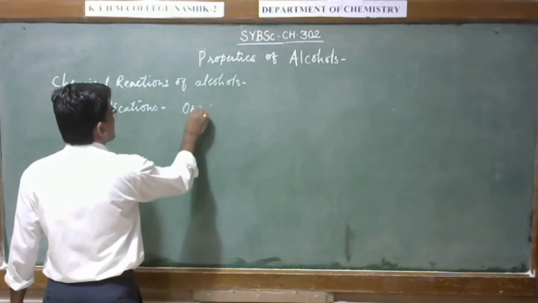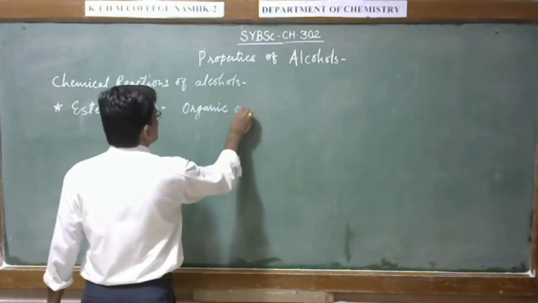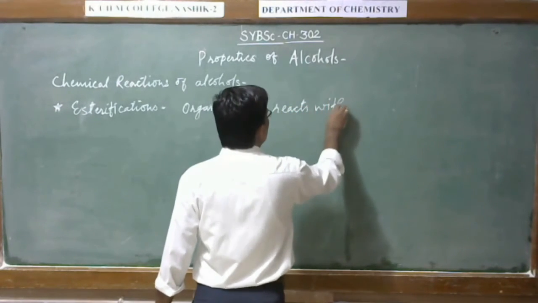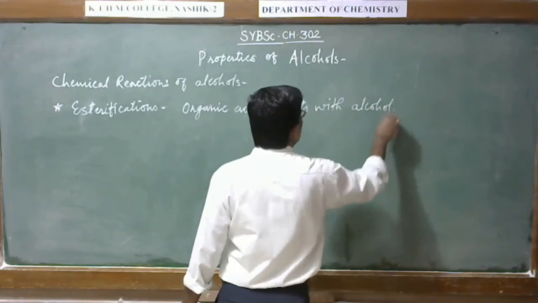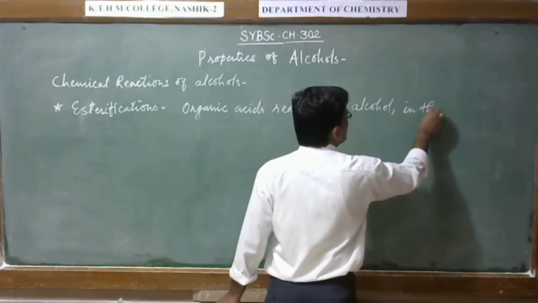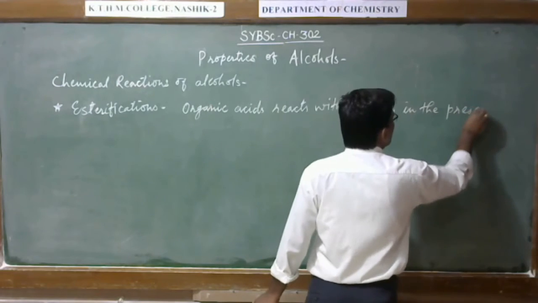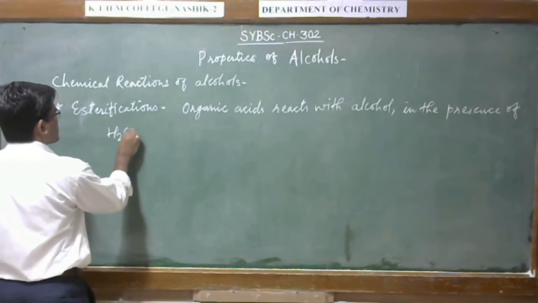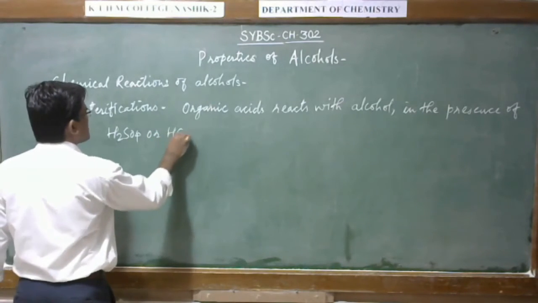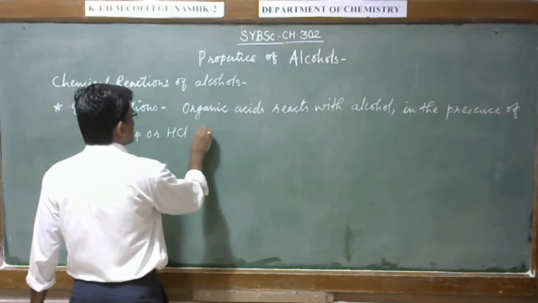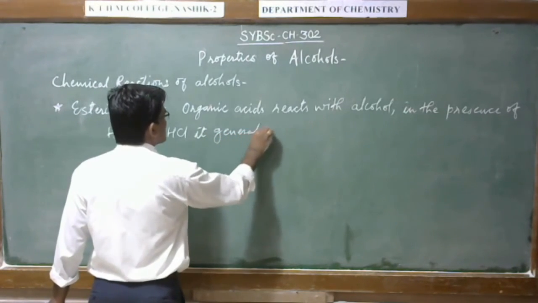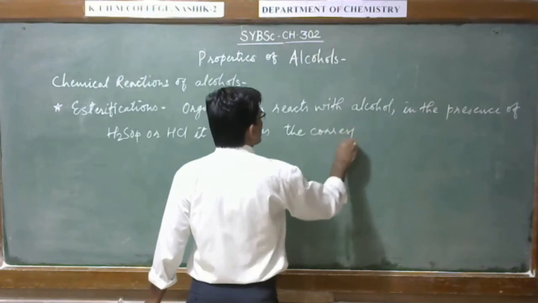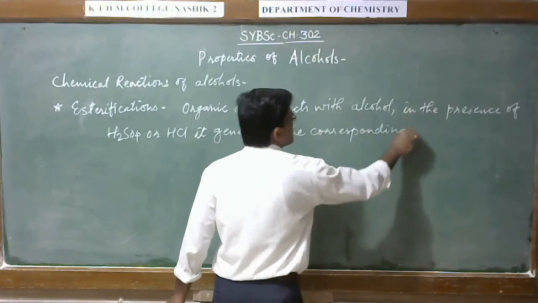When an organic acid reacts with alcohol in the presence of H2SO4 or HCl, it generates the corresponding ester.